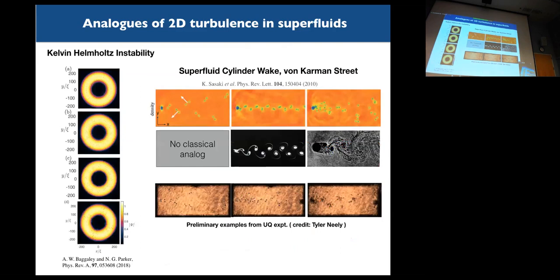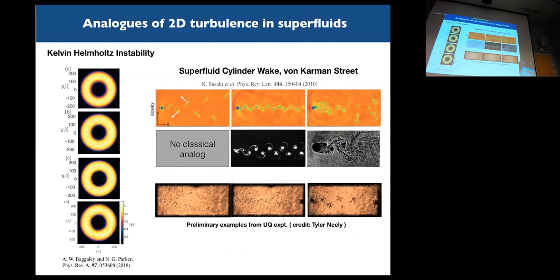And just a couple of other examples, because I think they're quite neat. There was this paper out of Newcastle from last year proposing to look at the Kelvin-Helmholtz instability in an atomic BEC. I'm sorry, you probably can't really see that on the screen.